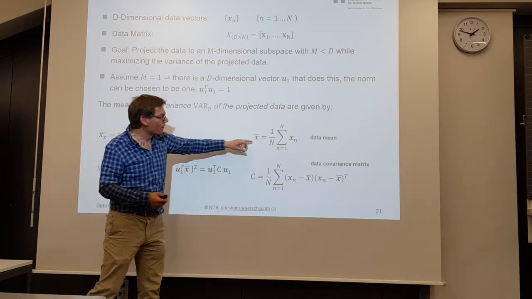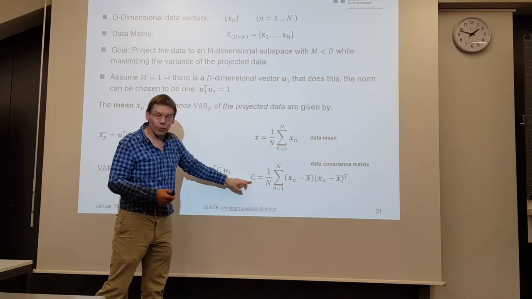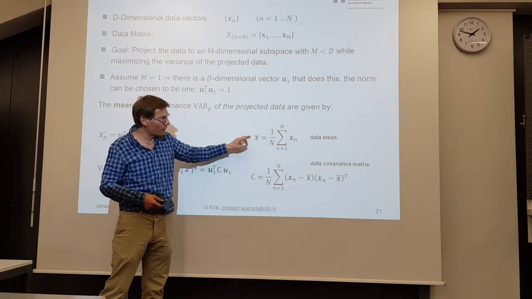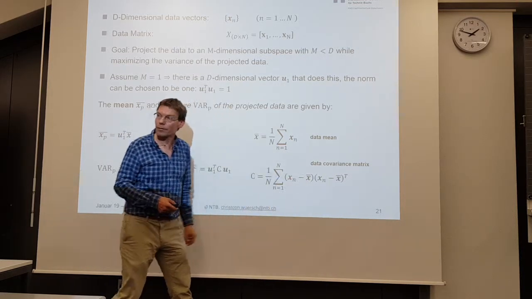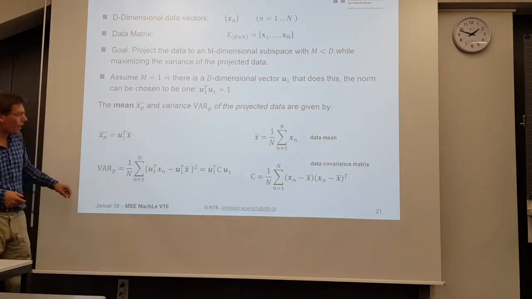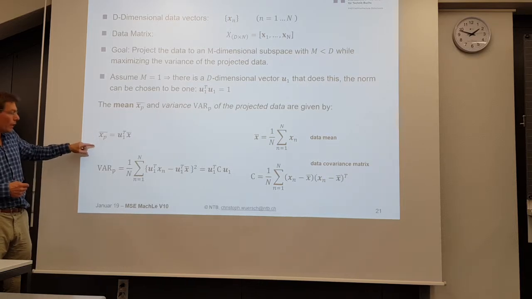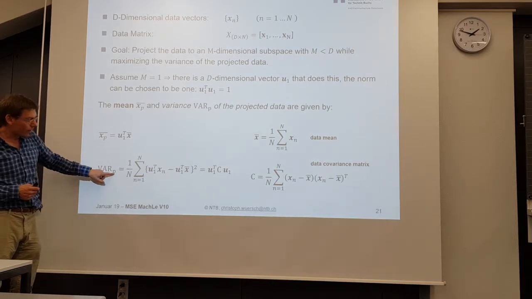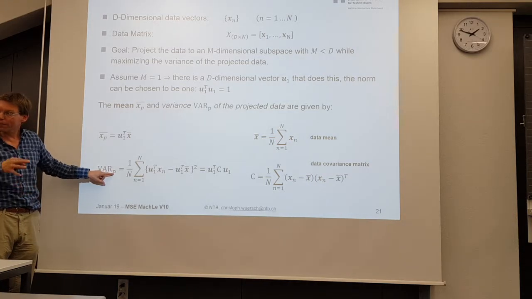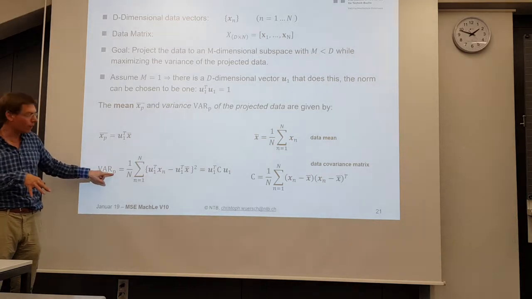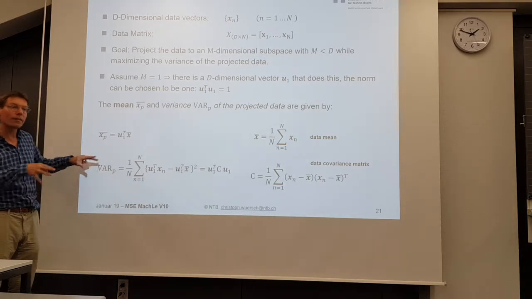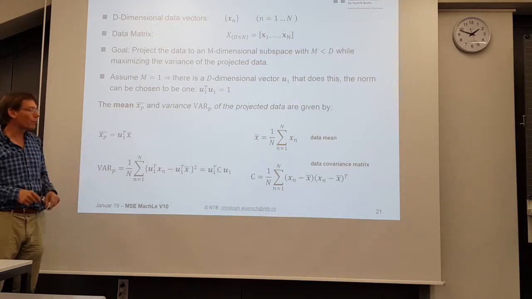I define the data mean and the original covariance matrix now with a given mean. The mean is not 0 anymore. And now our goal is to maximize the variance in the subspace. The P stands for projected space, a lower dimensional subspace. What is the variance in that subspace? Not in the big dimensional space.